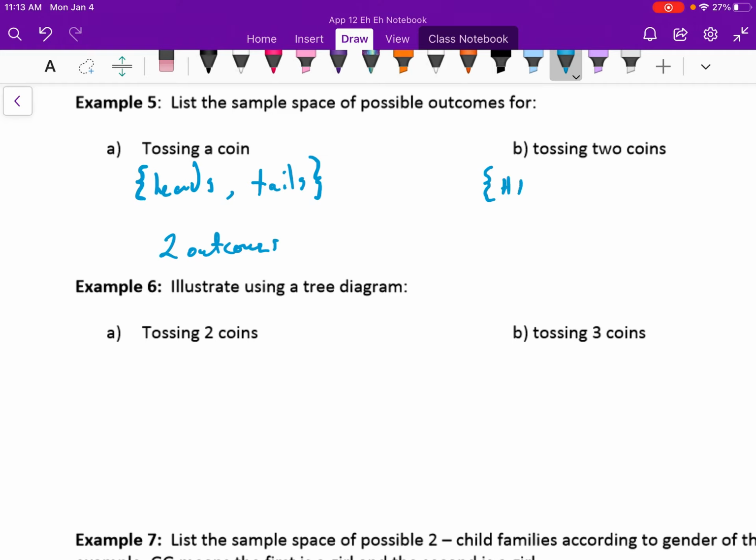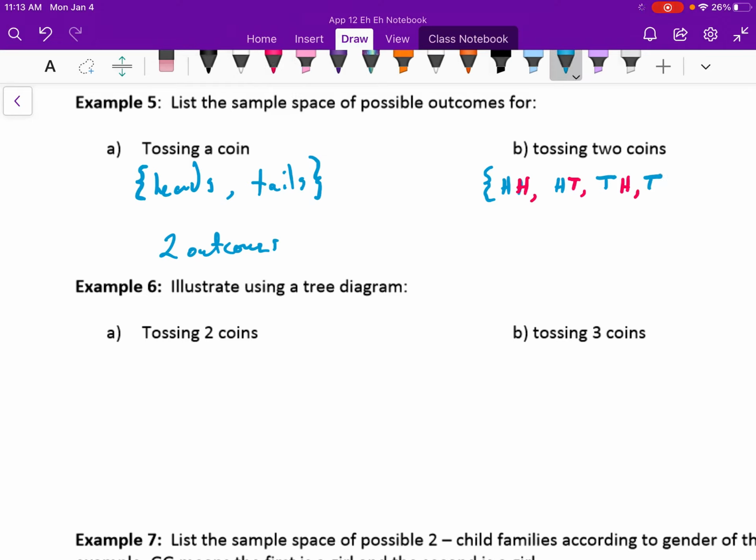Heads on the first coin, and on the second coin it could also be a heads. When I toss coins again, the first coin I could toss a heads, but this time I could toss a tails on the second coin. Or I could toss a tails on my first coin, and on my second coin I could toss a heads.